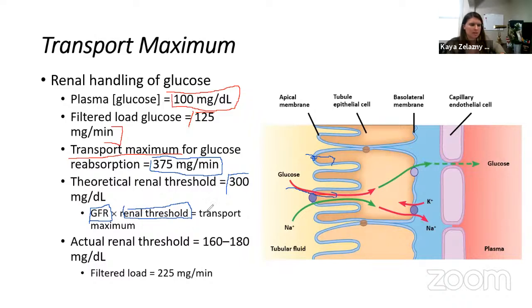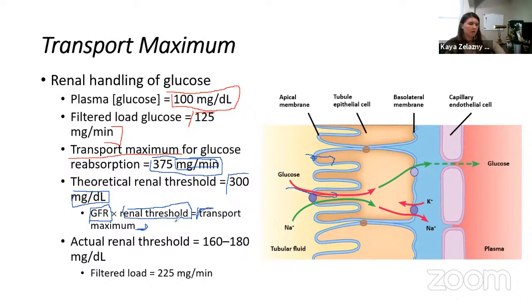So this turns it into a rate, basically. So the theoretical renal threshold, we'll note, is in milligrams per deciliter, and our transport maximum is milligrams per minute. So we multiplied it by the GFR so that we could figure out what it was per minute. That's how we got there.